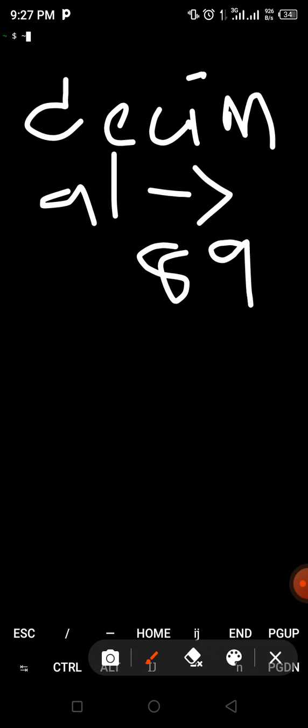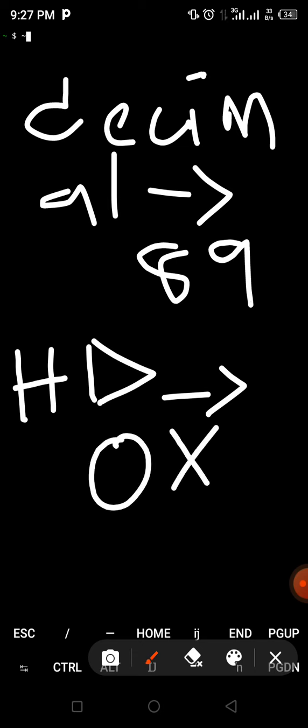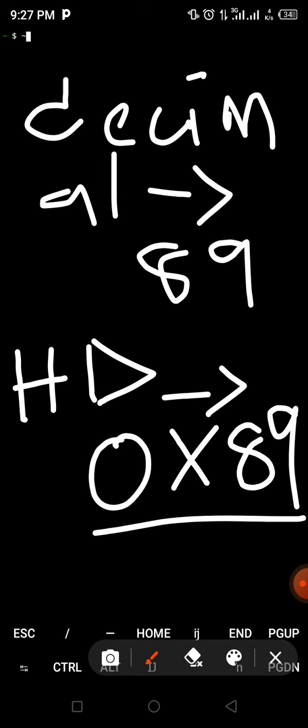But if it is in base 16, which is hexadecimal, we are going to add something, which is 0x, then 8, then 9, like that. You can see that this has differentiated that this is for hexadecimal and this is just 89, which stands for 89 in decimal.